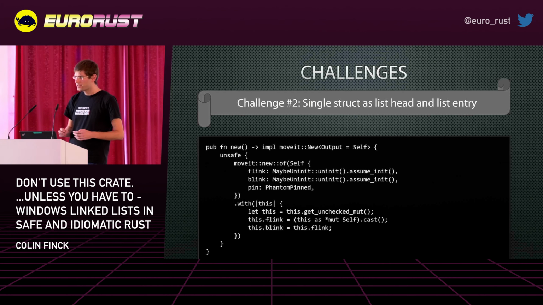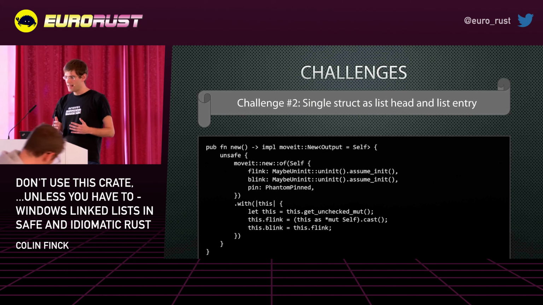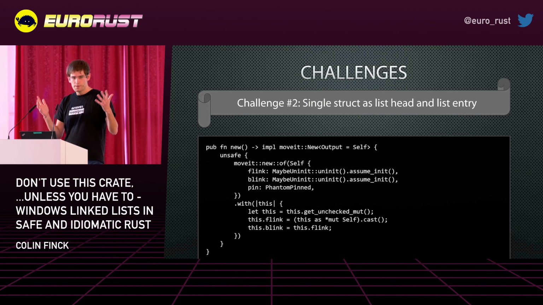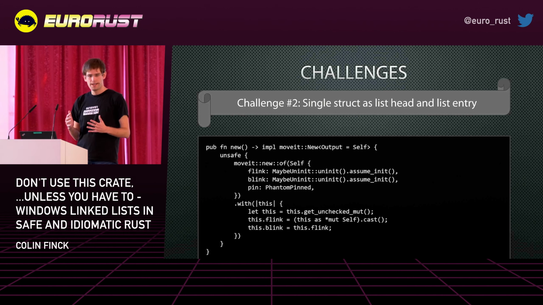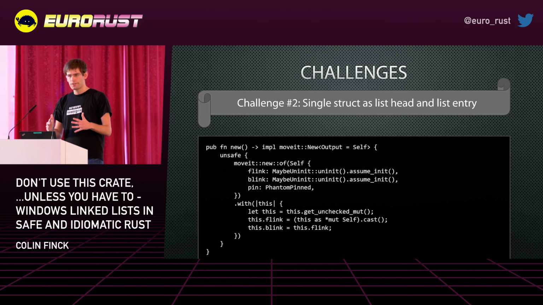I have found the move-it crate to be tremendously helpful here. What we now do is first create a Flink and Blink with potentially uninitialized memory. And then, thanks to the features of the move-it crate, we can add another closure, which actually gets the final address after self has been moved and got its final address.